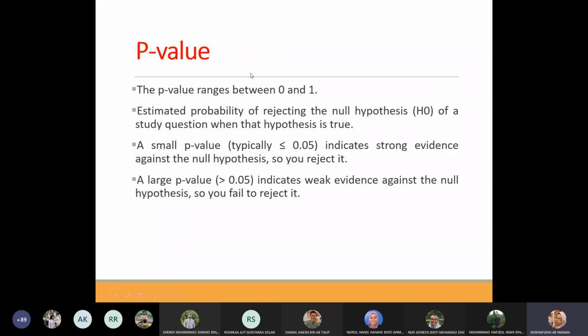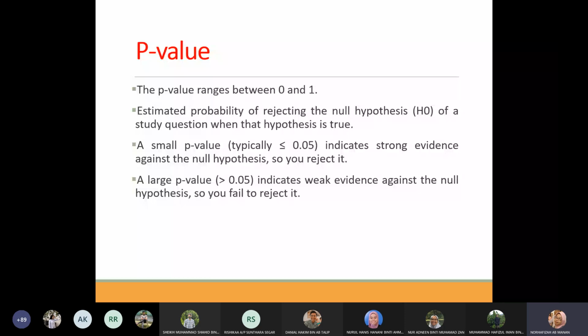The p-value ranges from 0 to 1, and it is the probability of the null being true. As we know, probability is a chance. For example, the chance of getting a male from your class is lower than getting a female if I select randomly. If you have a higher number of females, it is easier for a female to be selected. That's the probability: total number of females divided by total of the class. The same goes here. The p-value is the probability of the null being true.